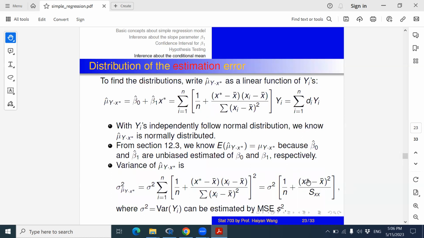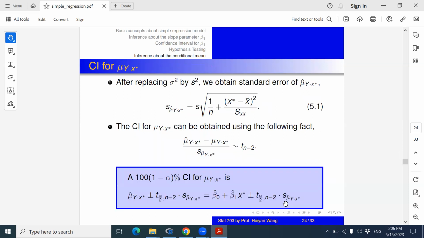But sigma squared is not known, so we estimate it by the mean square error, the residual sum of squares part. We take the square root, which estimates sigma, and this gives us the standard error estimate for the mu hat. The ratio has a t-distribution with n minus 2 degrees of freedom.